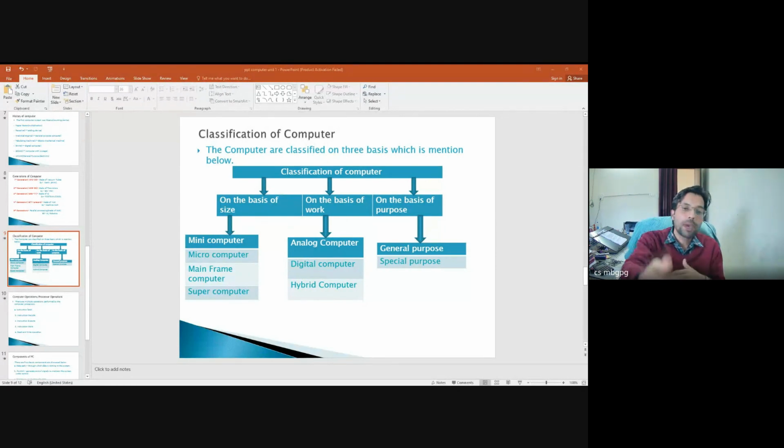The concept of parallel processing makes these systems very high performance systems. The actual performance of the supercomputer is measured in FLOPS, or in millions of instructions per second. Millions of instructions can be executed per second in supercomputers.